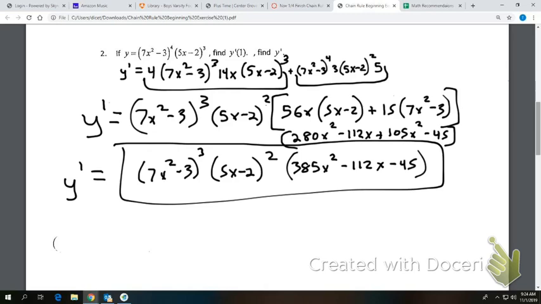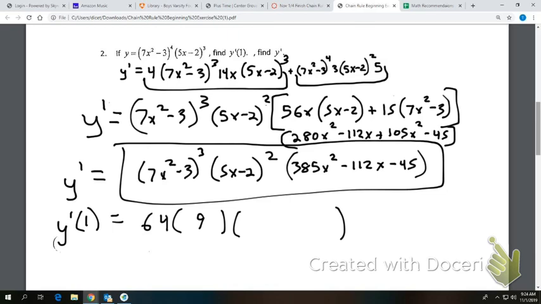So y prime of 1, let's see here, you guys, I'll let you help me out here. 7 minus 3 is 4. 4 cubed would be what? 64 times 5 minus 2 is 3. 3 squared is 9 times 385 minus 112 minus 45.